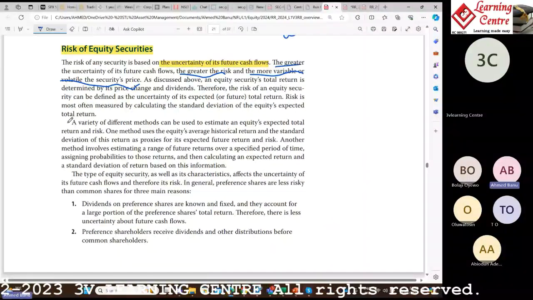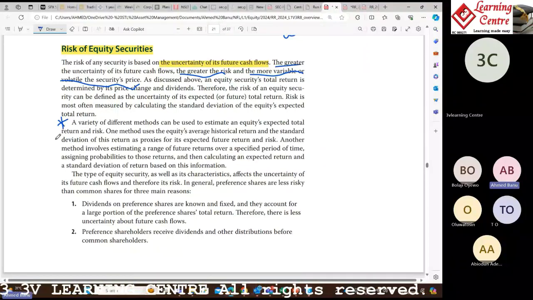Okay. The curriculum says a variety of different methods can be used to estimate an equity's expected total return and risk. One method uses the equity's average historical return and the standard deviation of this return as proxies for expected return in the future.